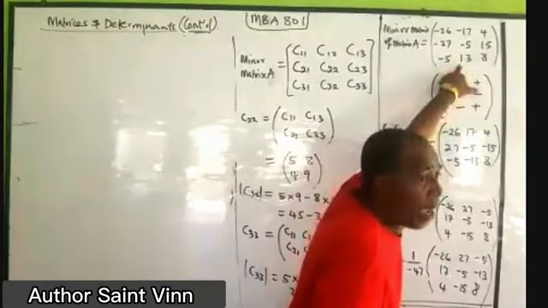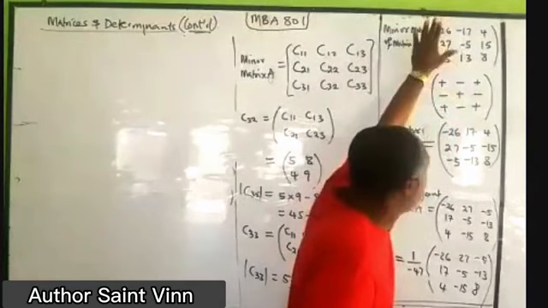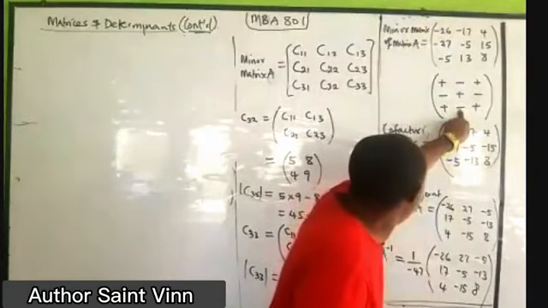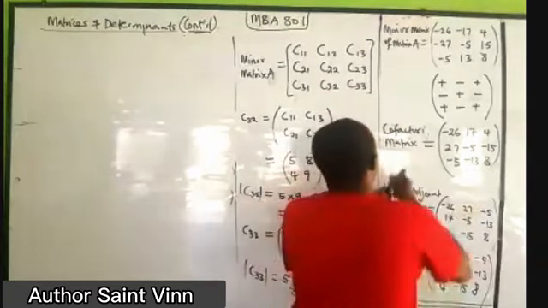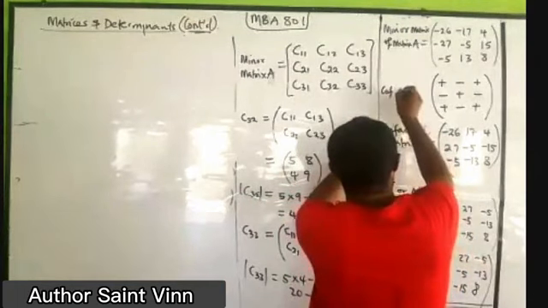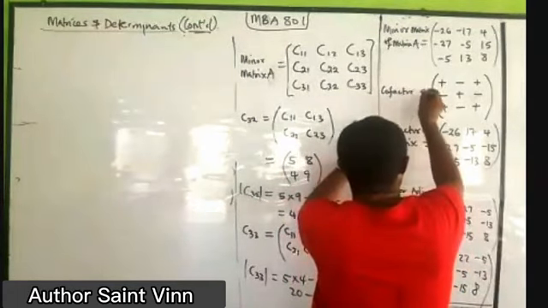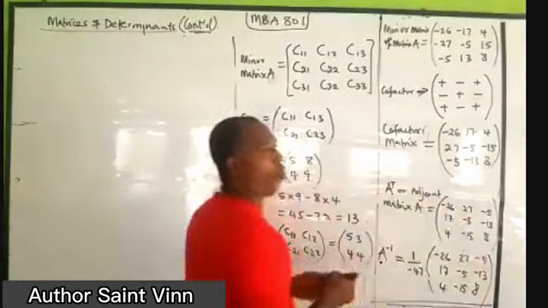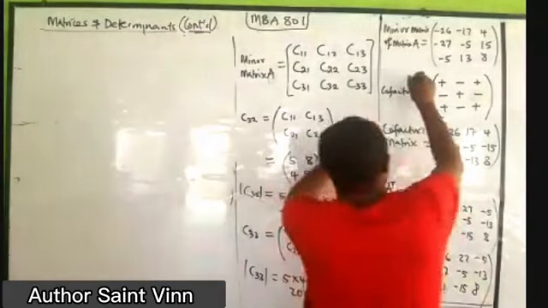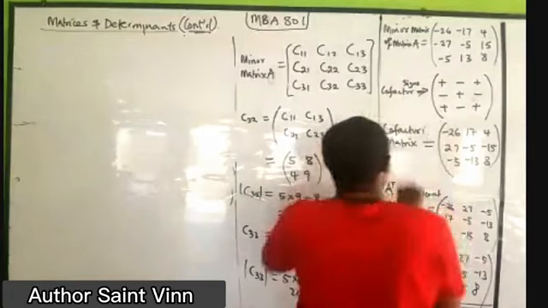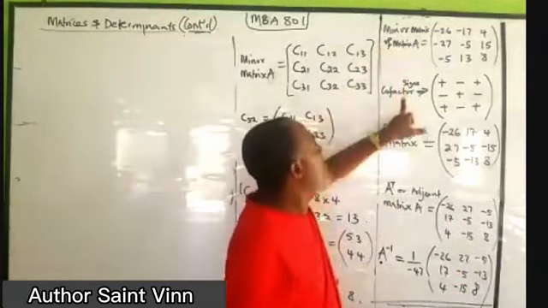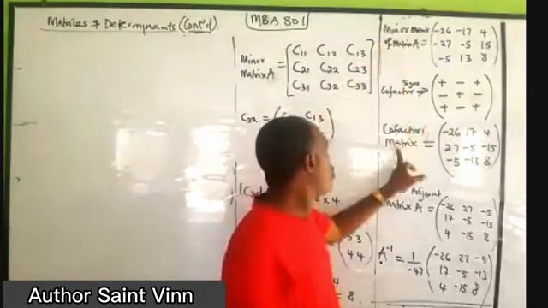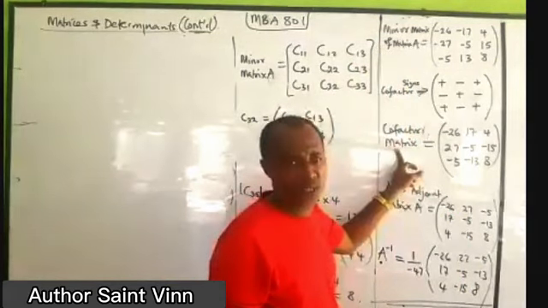When the teacher was here, we did cofactor. This is a minus sign here. Multiplying 13 will become minus 13. That's cofactor signs. We multiply the minor matrix by the cofactor signs to give us the cofactor matrix.